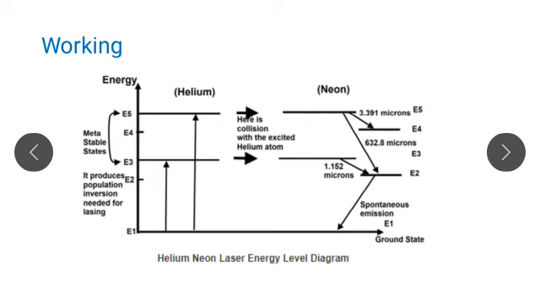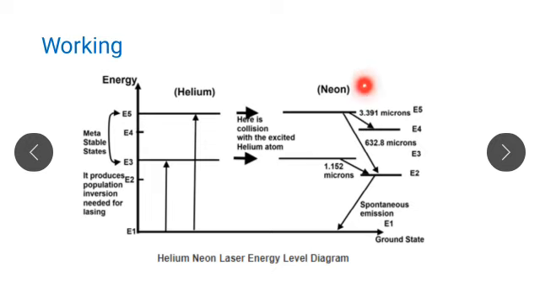By means of the discharge electrode tubes, the helium atoms get excited first, they go to a higher energy state, and these helium atoms transfer their energy to the neon atoms by collision. The energy is transmitted due to the collision of the helium atoms with the neon atoms.